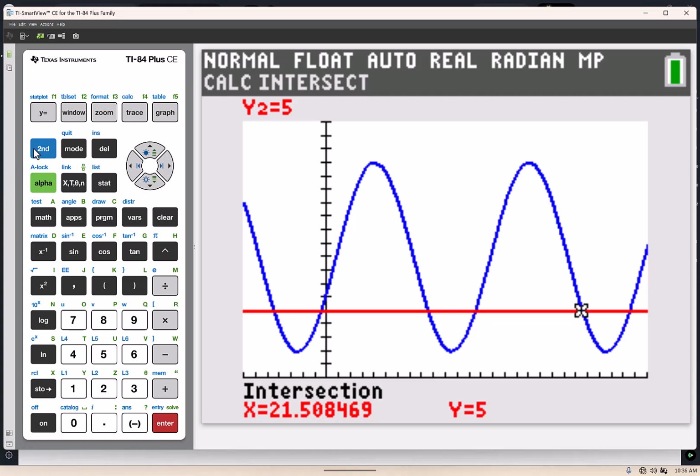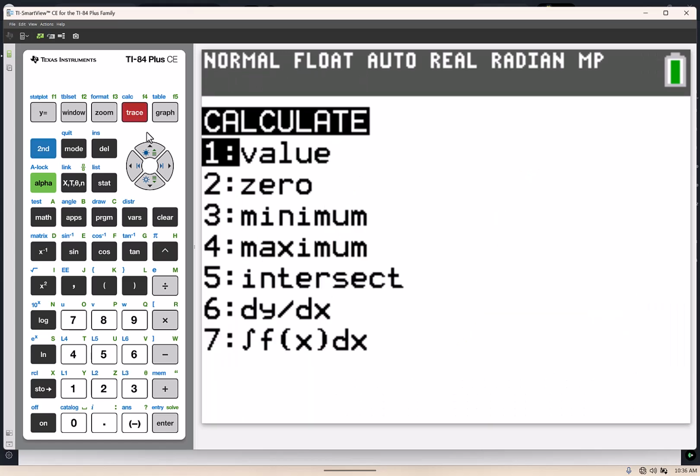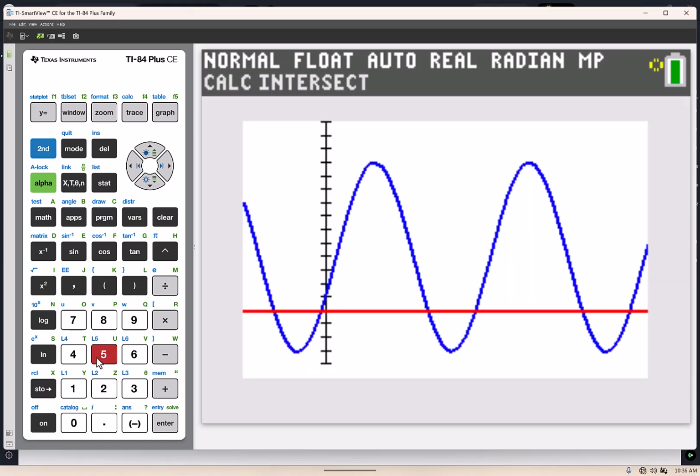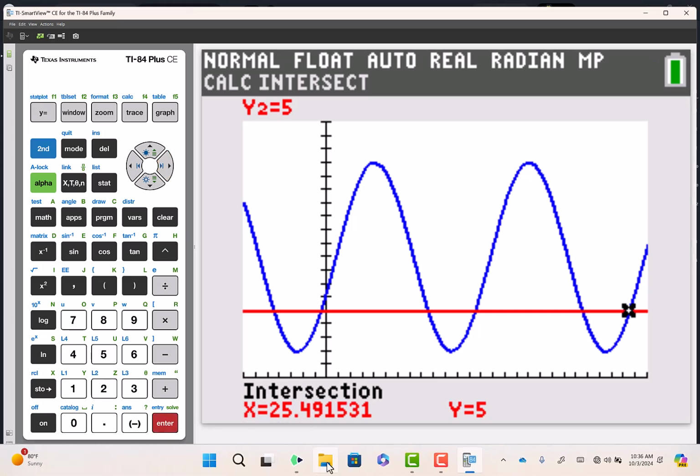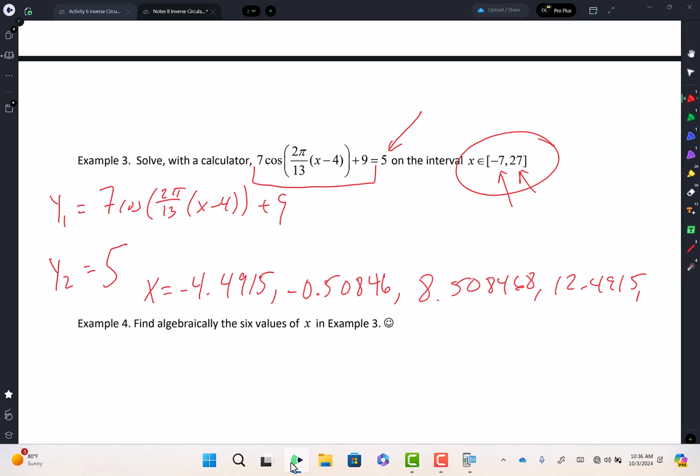All right, Liberty, help me out here. How do I get the sixth one? So what do I push? Tell me what to push. Second, trace. 5. Enter. Good job. 25.4915. I already forgot.